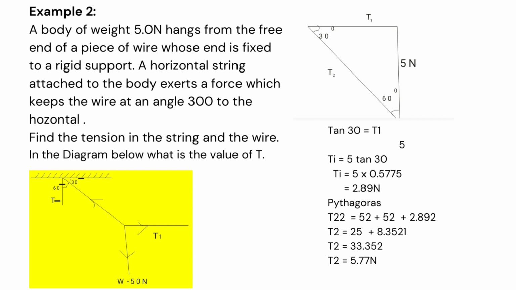So tan 30 degrees gives 0.5775. So our T1 becomes 5 times 0.5775, which is equal to 2.989. And the last aspect can be calculated using Pythagoras theorem.